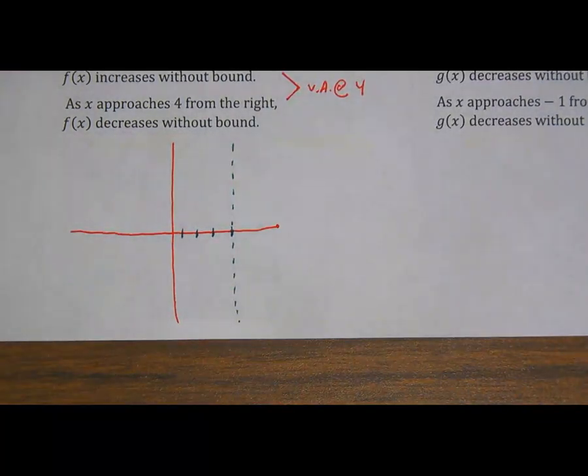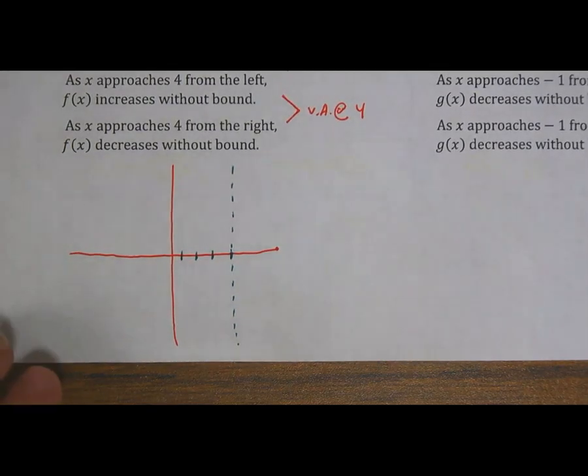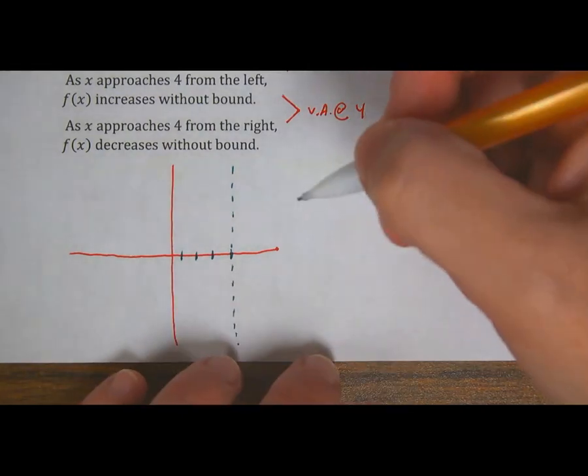Now, I'm not told anything about a horizontal asymptote, because that's not in today's lesson. You might have that on your test. But we don't have to worry about that. We've got these last two statements that say, as we approach 4 from the left, y's increase without bound.